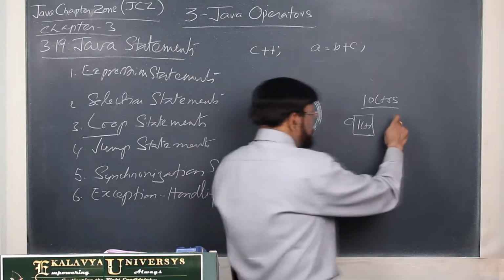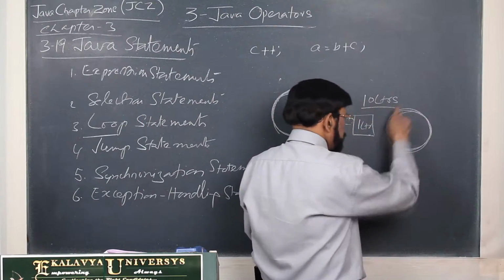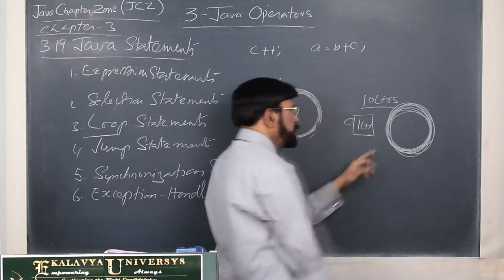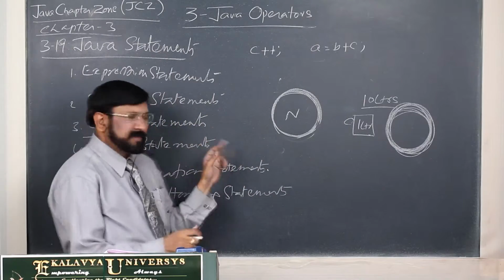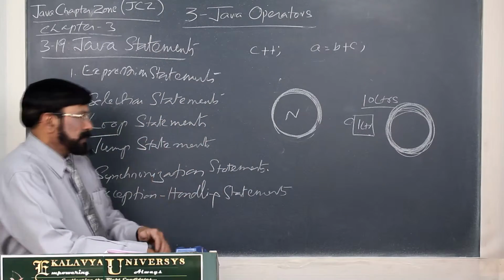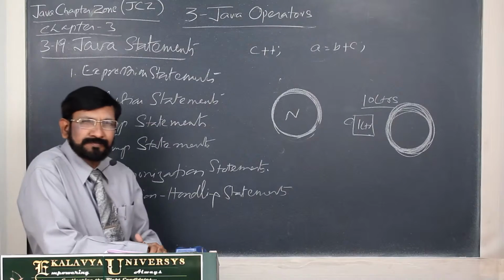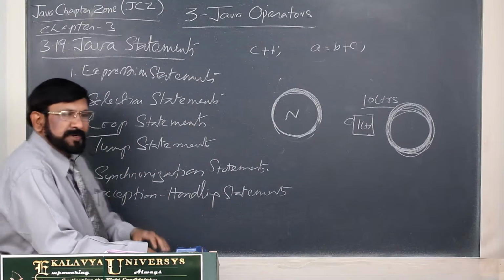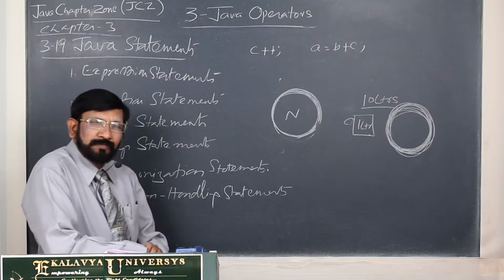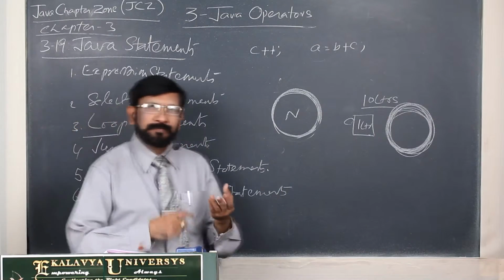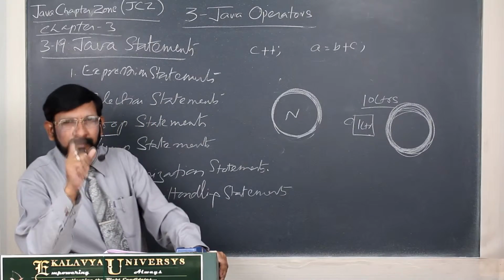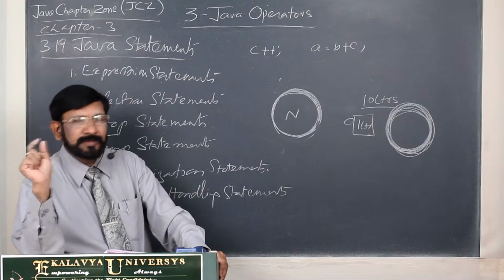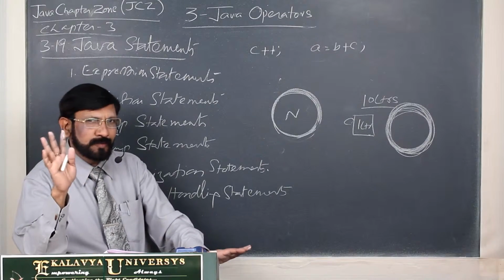Then the same action, 1, 2, 3, 4, 5, 6, 7, 8, 9, 10, you are repeating. So for this type of statements we use loop statements. For loops also, 3 types of loops are provided: while loop, for loop and do while loop, with different features. All are loops only.